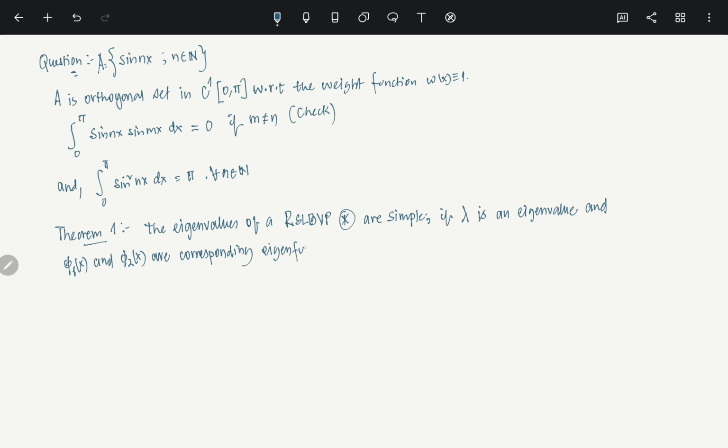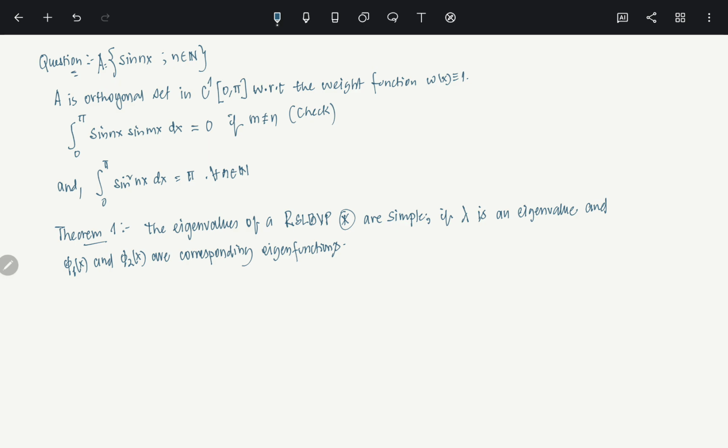You do realize that eigenfunctions for one particular eigenvalue are never going to be unique, right? Because if phi is an eigenfunction, a constant times phi is also going to be an eigenfunction. So phi1 and phi2, let's say there are two corresponding eigenfunctions for a given eigenvalue lambda.